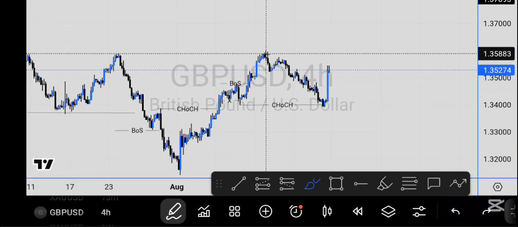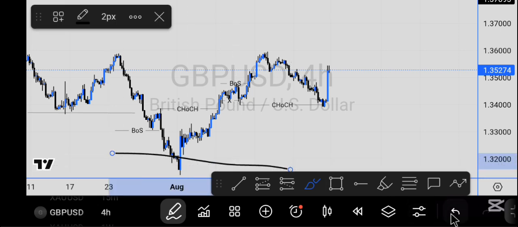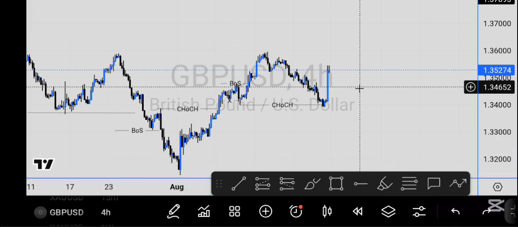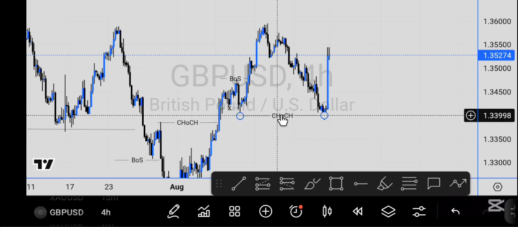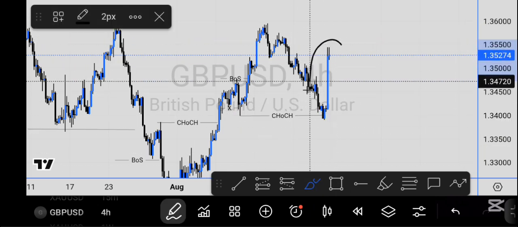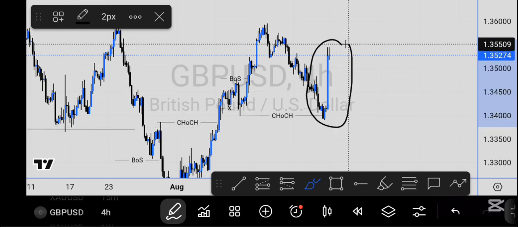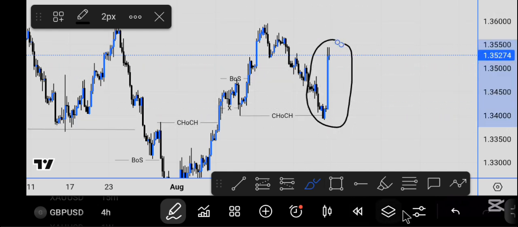The 4 hours cannot dictate where the market will go. It is the weekly that will dominate where the market will go. So this change of character is just price taking liquidity from this change of character zone, and you can see for yourself what happened. Price pumped massively due to Powell news on Friday.